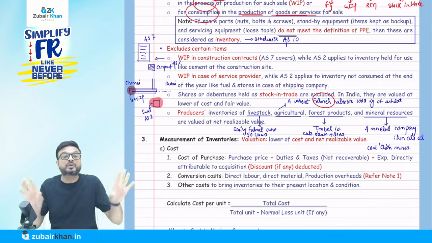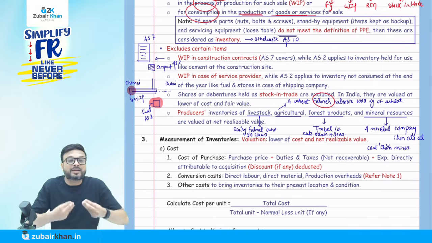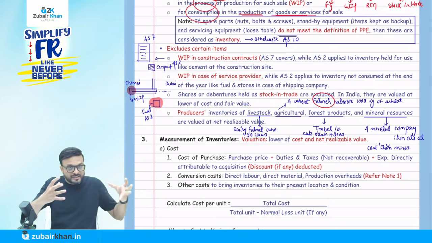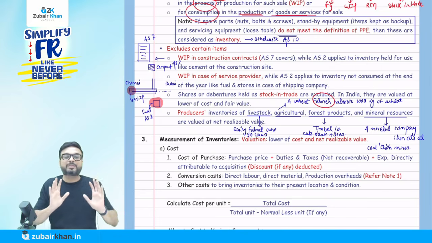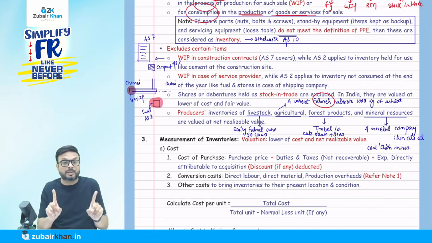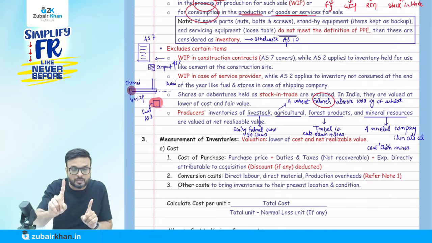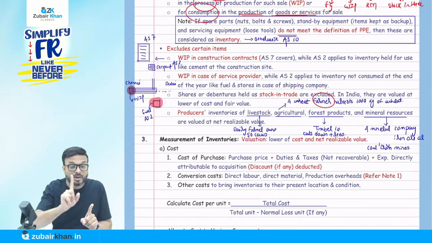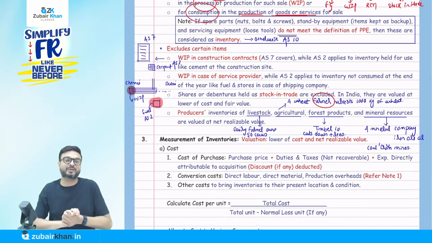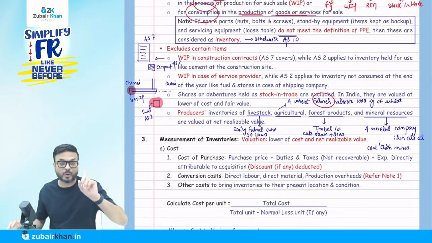He is not a producer of agriculture product. The farmer has these agriculture products, so AS2 is not applicable to him. He is the producer. When you go to the mall or any vegetable shop, they are not producers, they are traders. So AS2 is applicable to them, not to the producer.